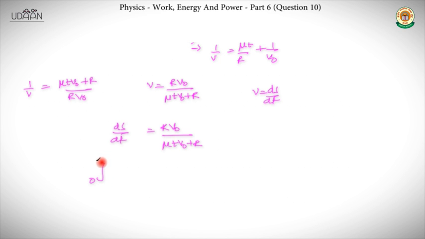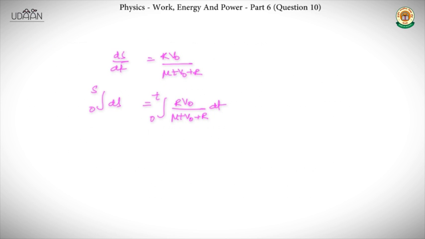We get the integral from 0 to s of ds is equal to the integral from 0 to t of r v naught by mu t v naught plus r dt. After integrating this, we get s is equal to r v naught by mu v naught into ln of mu v naught t plus r by r.